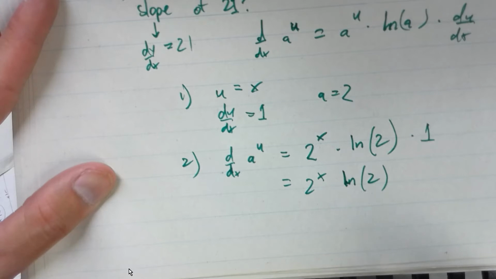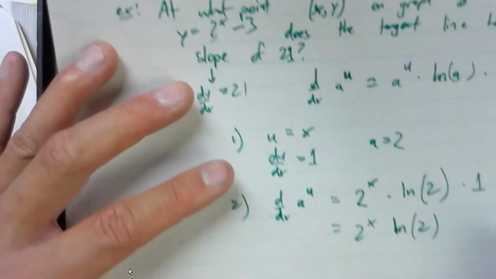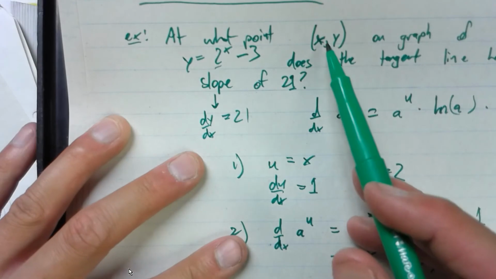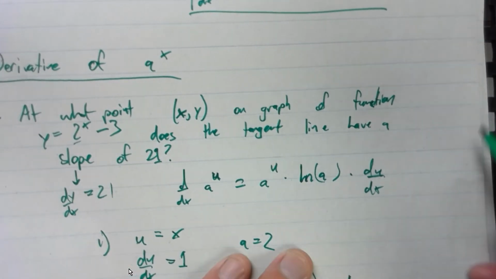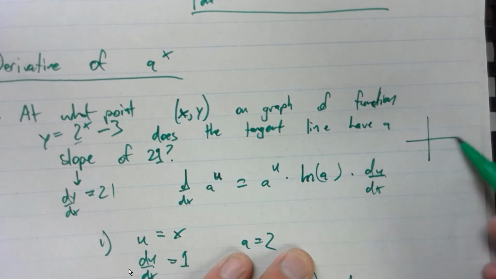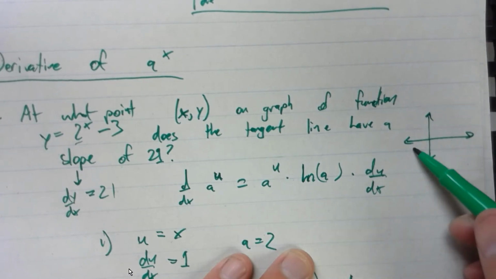But remember, it's asking for when the slope is equal to 21, and specifically at what point on our graph. You don't have to draw this, but this is the graph of a weird exponential function.